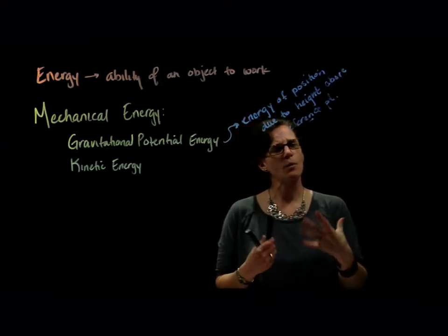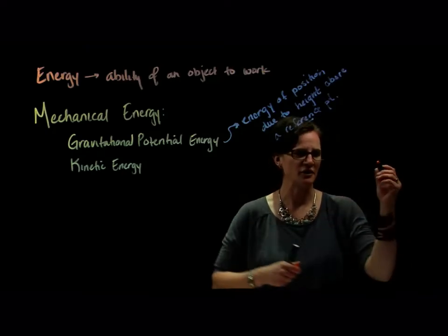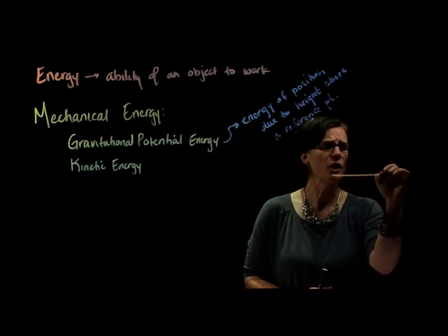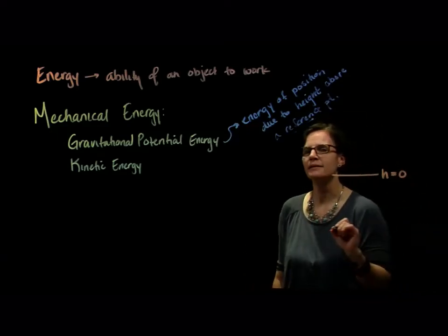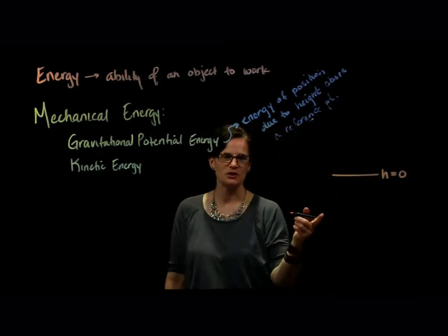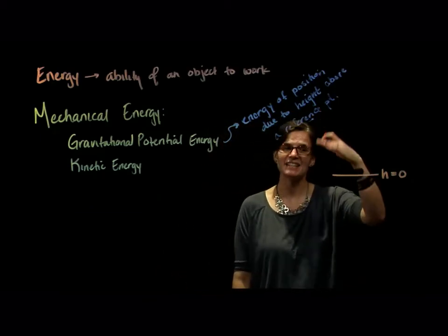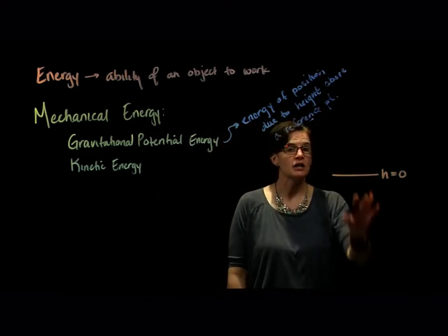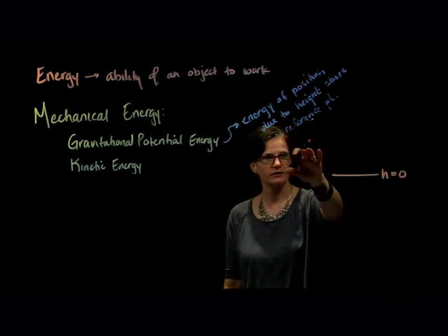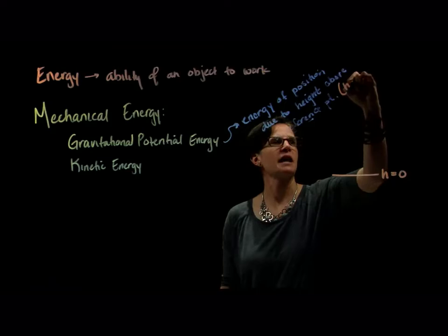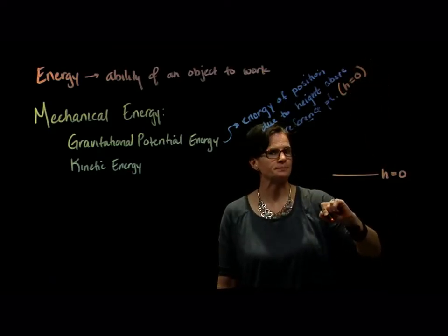So let's think about what might influence potential energy. We will call this reference point H equal to 0. It's common to use H in gravitational potential energy, so that's going to be our height. It's all related to height, so we'll call that height H. The first thing we have to define is that height equal to 0, so where our reference point is.